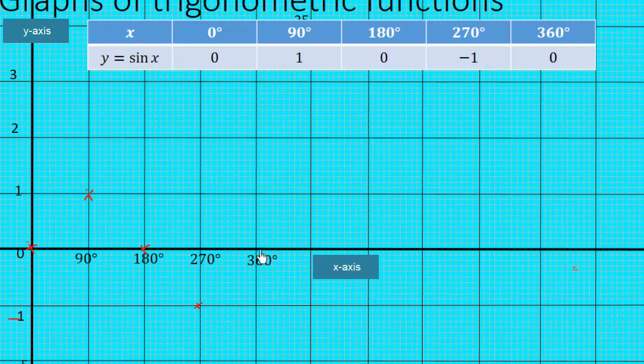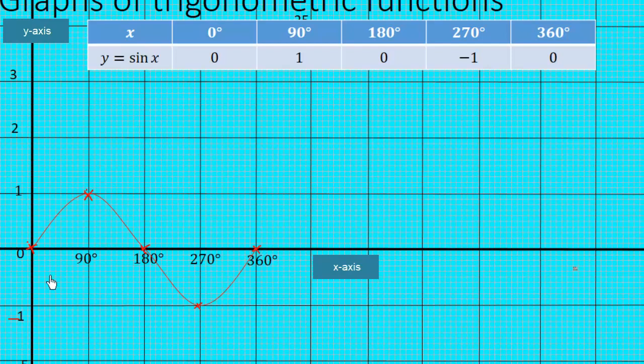Then 360 against 0. So now we draw a smooth curve. It means we will not use a ruler to draw the line. Just use your free hand. You draw a smooth curve through all the points and look at how it goes smoothly. That is as simple as that.